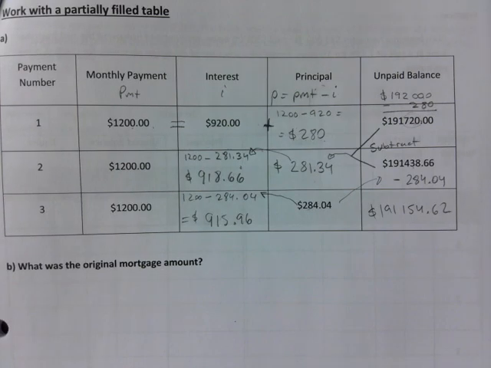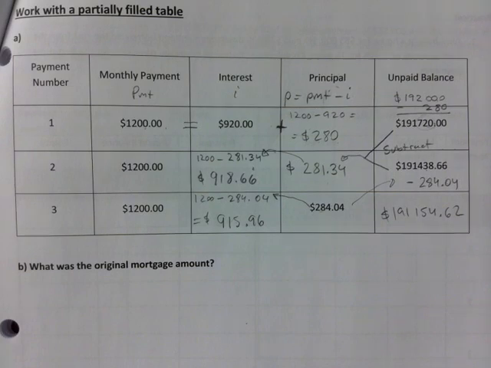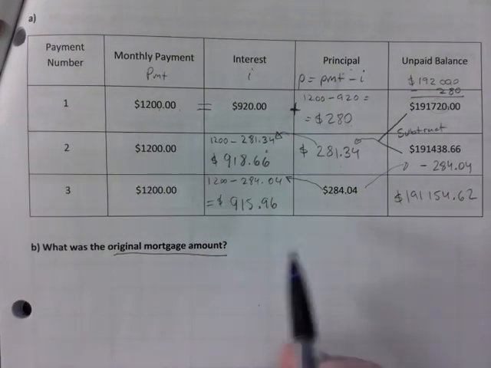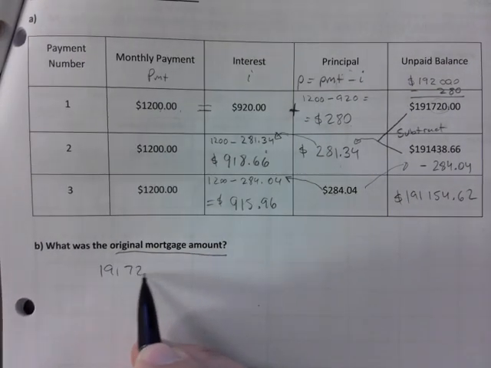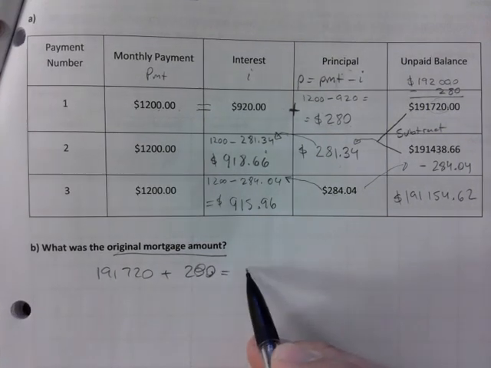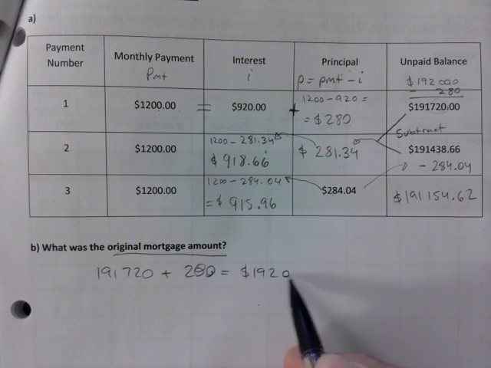So these are actually more popular than the full-on completely blank ones on the provincial exams. More popular. What's the original mortgage amount? I'm going to say 191,720 plus 280. Right? It's 192,000.